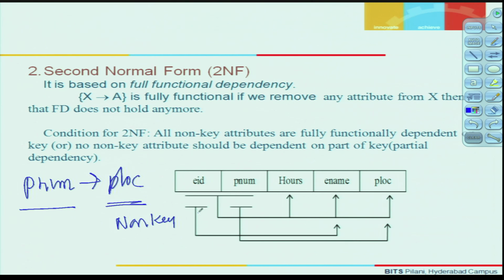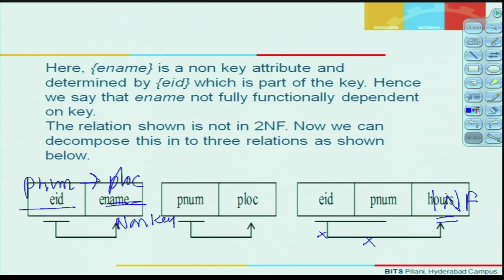Hence, this functional dependency and the earlier one are not obeying the rule for second normal form. They are violating the second normal form condition, so it is not in second normal form. The highest normal form satisfied is only 1NF. This is how we can decide the highest normal form of a given relation.